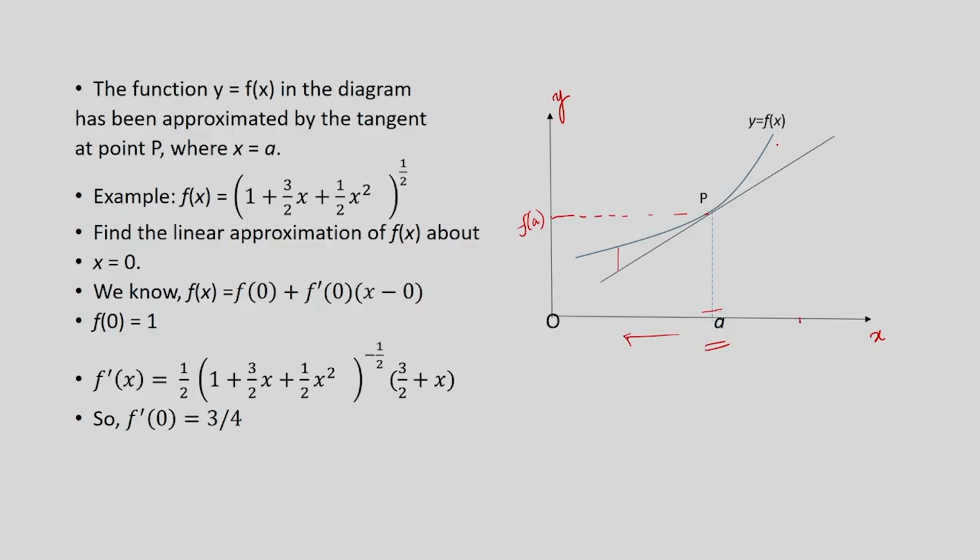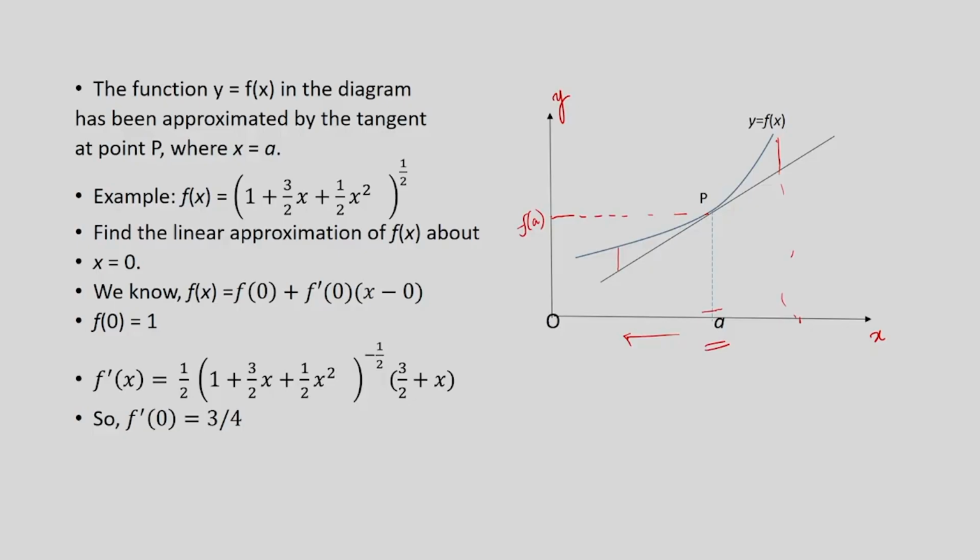If you are taking a point here, the gap will be too much. That is why, if you are in the neighborhood of x equal to a, this approximation is valid. But if you are far away from this point a, then this approximation cannot be valid. Okay, so that is the geometry of it.